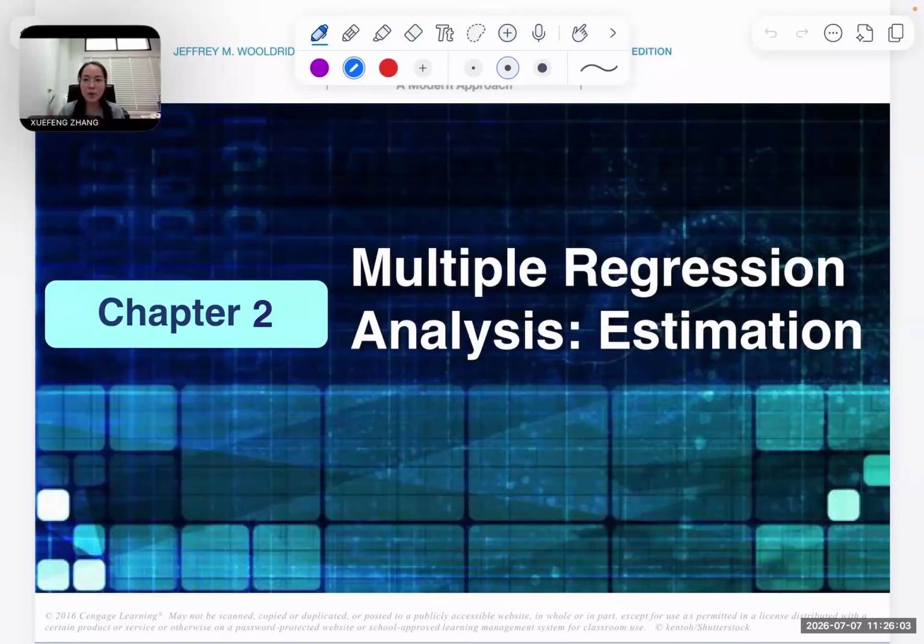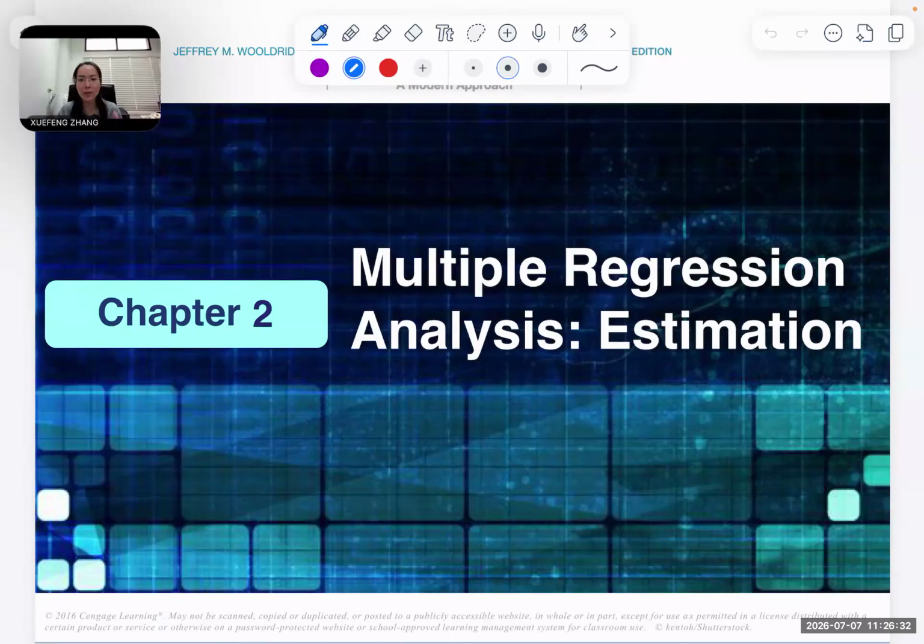Last time we learned simple regression, right? 1y, 1x. For example, study hours explain exam score. But think about it. Is study hours the only thing that affects exam score? What about IQ, class attendance, sleep? In real life, one outcome always has many causes, right?